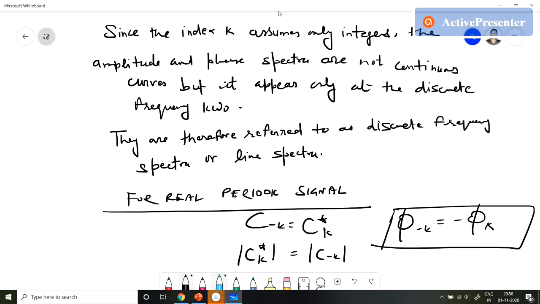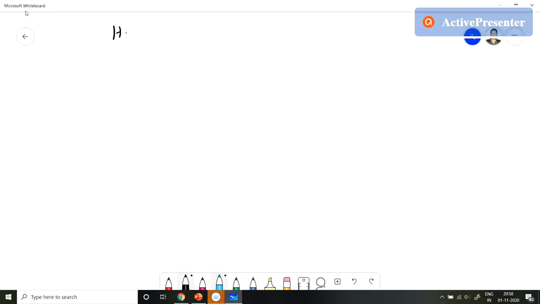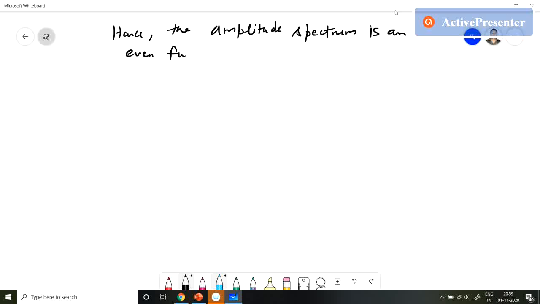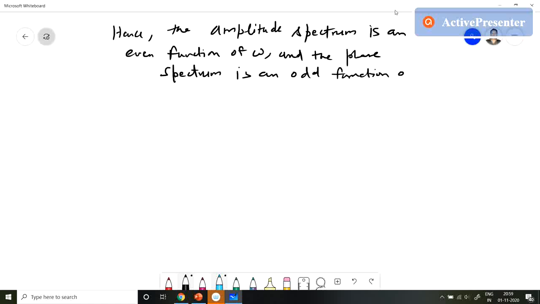From these two relations we derive a very important result: for a real periodic signal, the amplitude spectrum is an even function of omega and the phase spectrum is an odd function of omega.